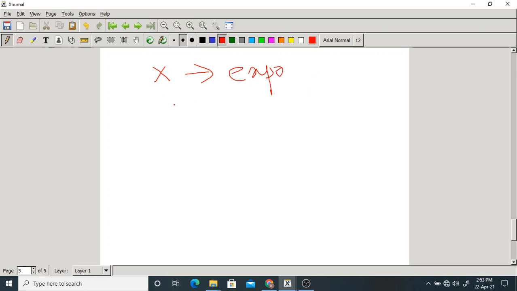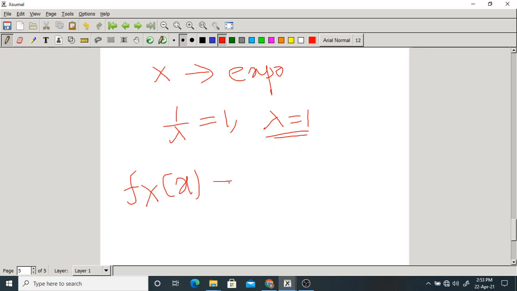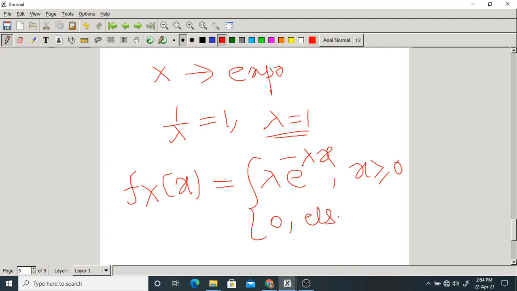What is the mean of this random variable? It is 1 by lambda equal to 1. Lambda equal to 1. First of all, what is that PDF? If you remember properly, the PDF is equal to lambda into e power minus lambda x if x is greater than or equal to 0, 0 otherwise.